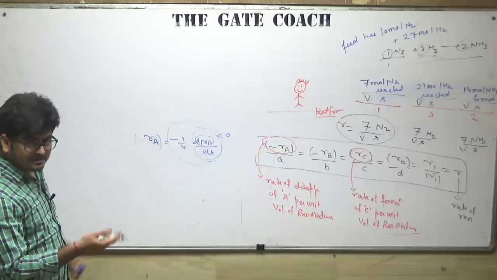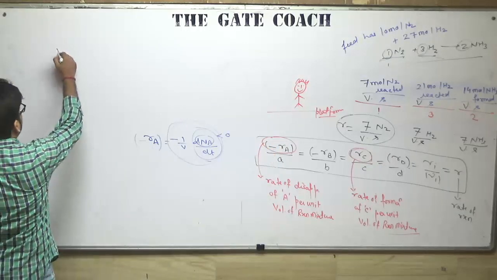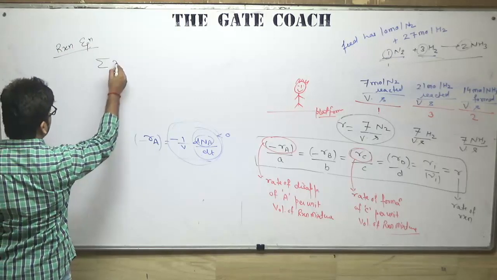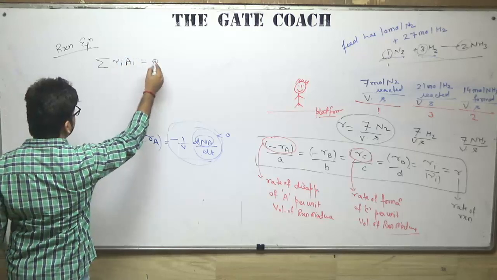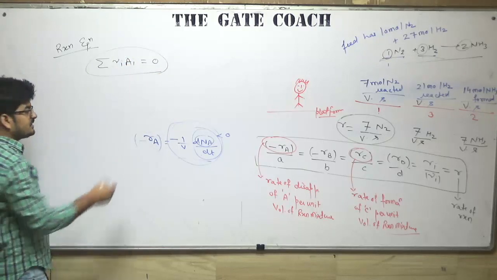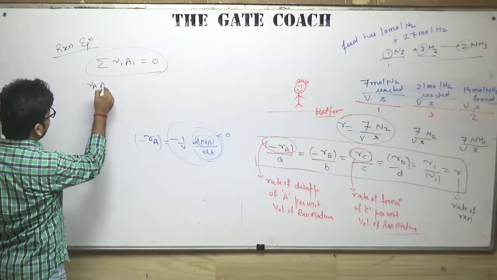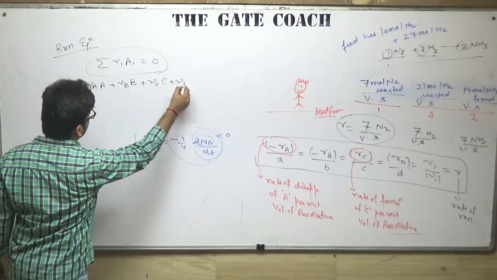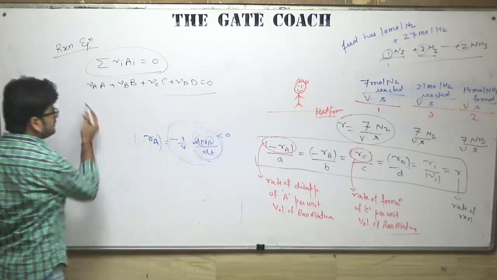We will discuss that in solution thermo as well. But any chemical reaction can be represented by this expression. If you have 4 components in the reaction, then it will become nuA of A plus nuB of B plus nuC of C plus nuD of D, that is equal to 0.